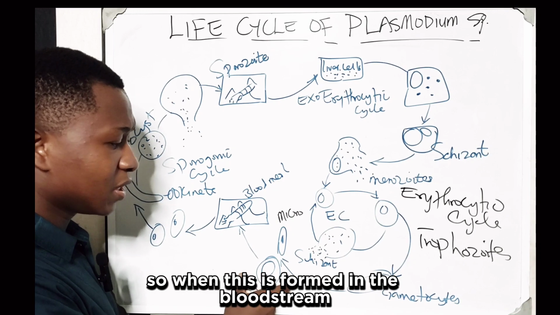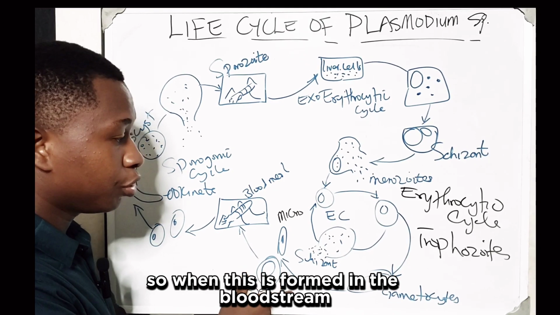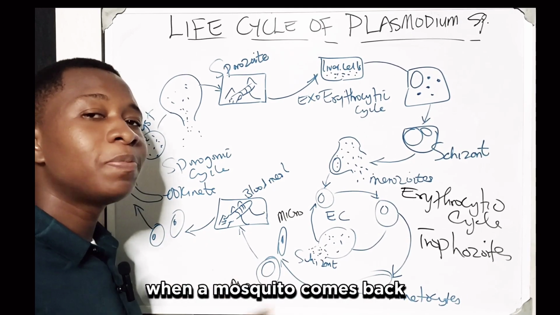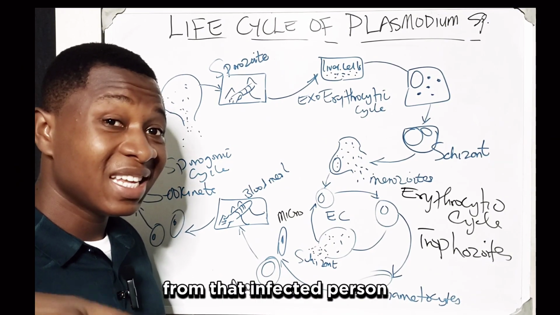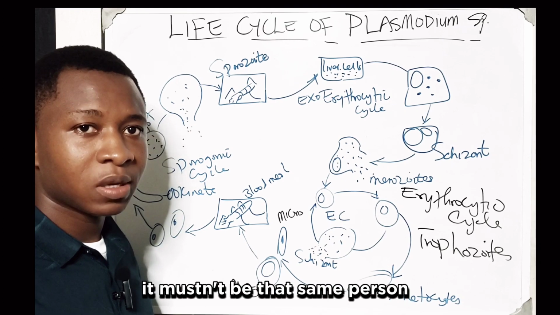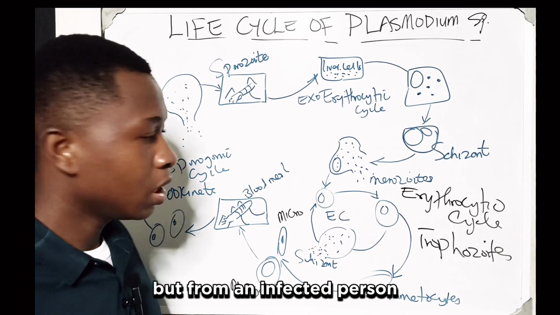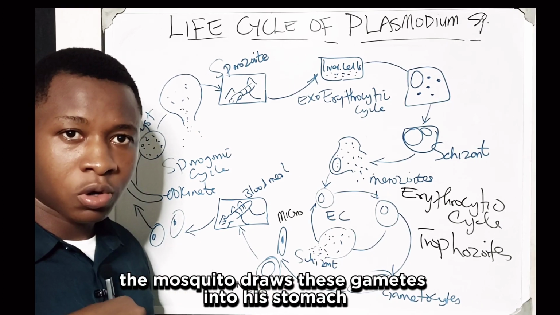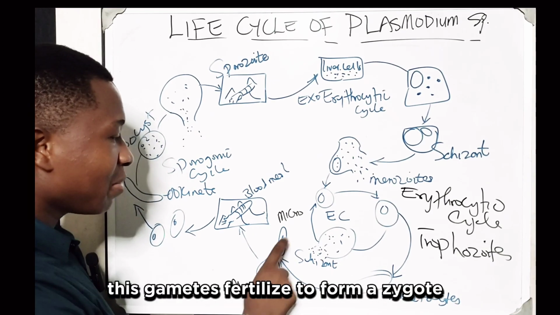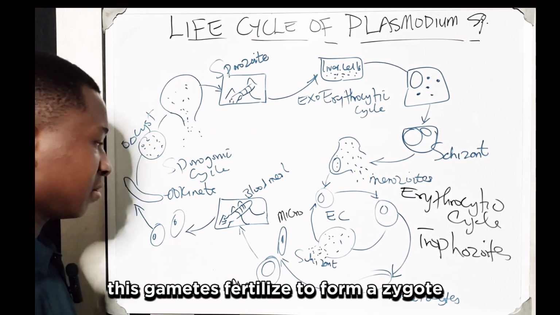When a mosquito comes back to take a blood meal from an infected person, it mustn't be the same person, the mosquito draws these gametes into its stomach. In the stomach, these gametes fertilize to form a zygote.